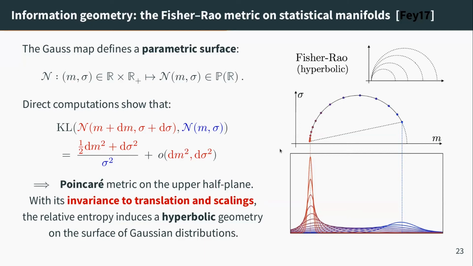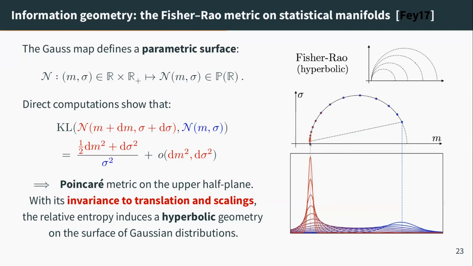So what does it mean? Like, what am I displaying? So here you have the space of parameters for my Gauss map. You have a mean value that can take any number on the real line, and a deviation which is non-negative. So each point, m sigma, corresponds to a Gaussian distribution that I display here.